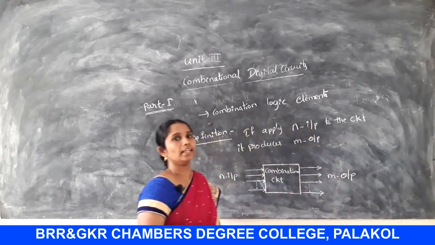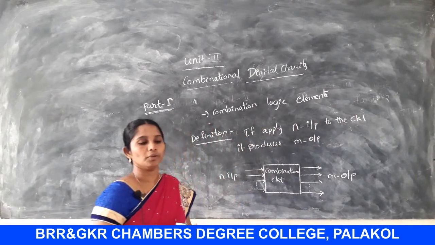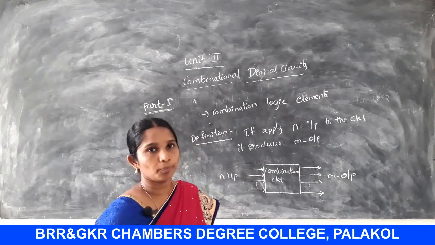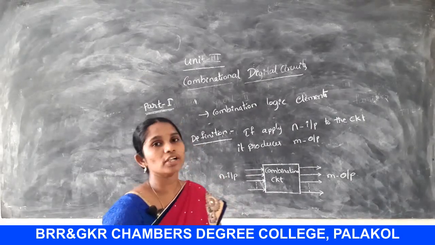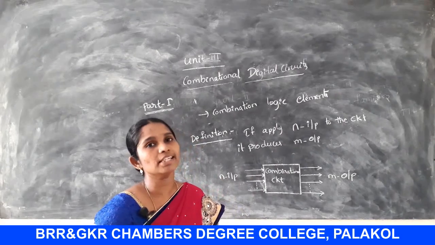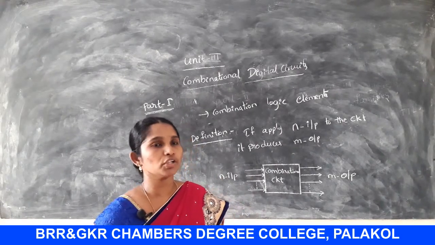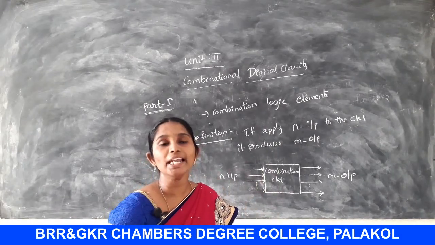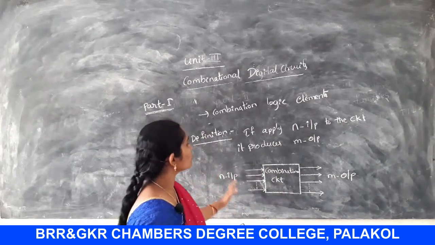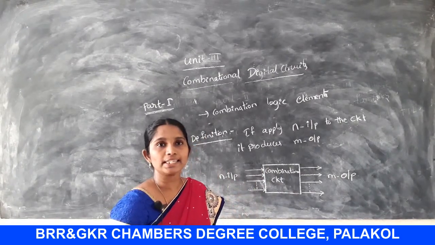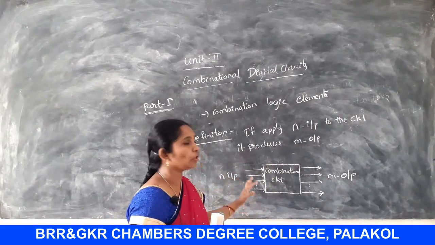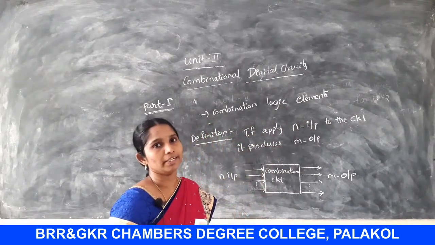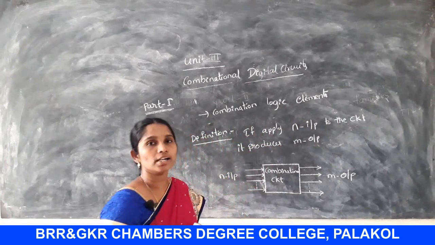That is nothing but a combinational circuit. In digital electronics we will also study sequential circuits in our coming videos. What is the difference between sequential circuits and combinational circuits? In sequential circuits a memory element is present, but in combinational circuits no memory element is present. The combinational circuit is made up of only these logic elements. So this is about the combinational circuit.